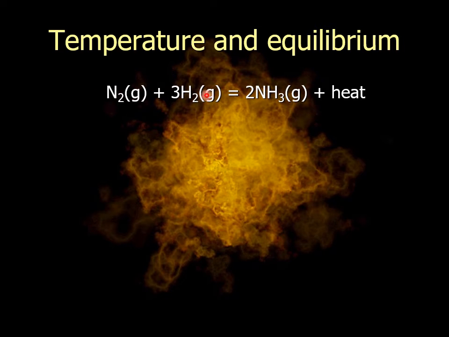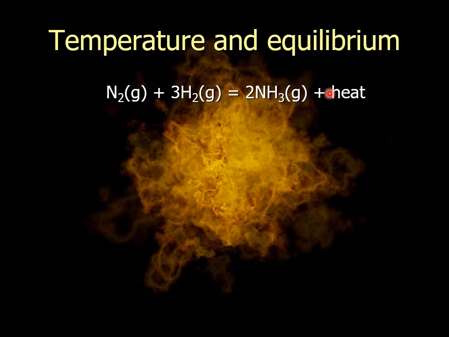N2 plus 3H2 goes to 2NH3. And that is an exothermic reaction. We talked about endo and exo before. So if I were to write the heat of that process, the energy given out, I'd write it as heat, a substance, in quotes, on the right-hand side.